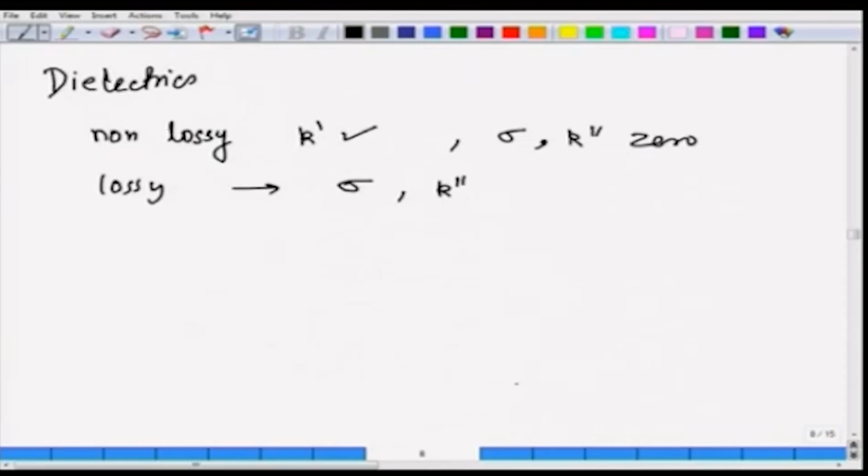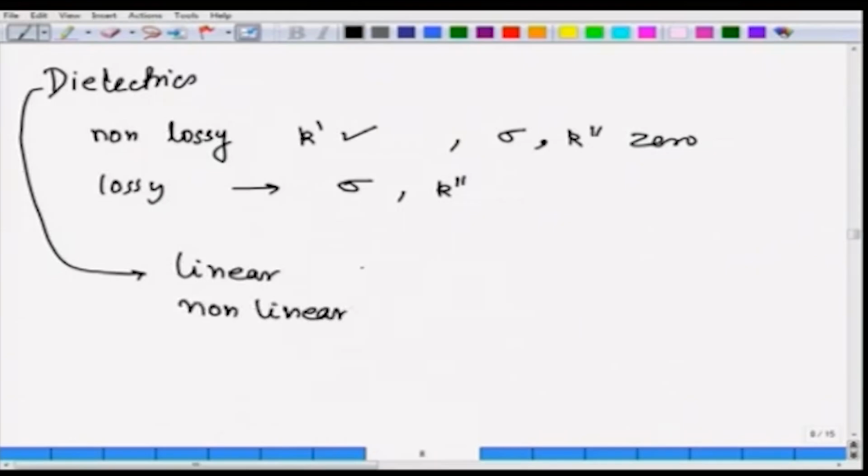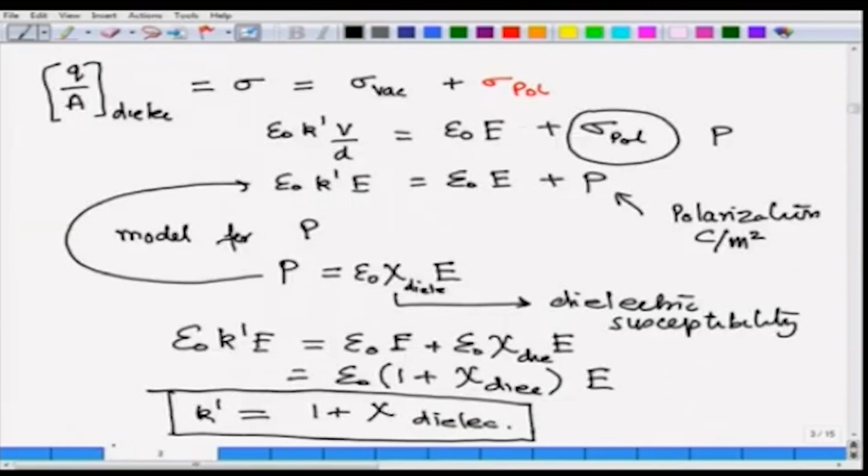If that is the case, then either way, I am going to divide the dielectrics into two parts. One is linear and the other non-linear. This definition comes from the relationship, what is the proportionality between P and E. Remember, some slides back, we had said the proportionality of P and E is given by the dielectric susceptibility.